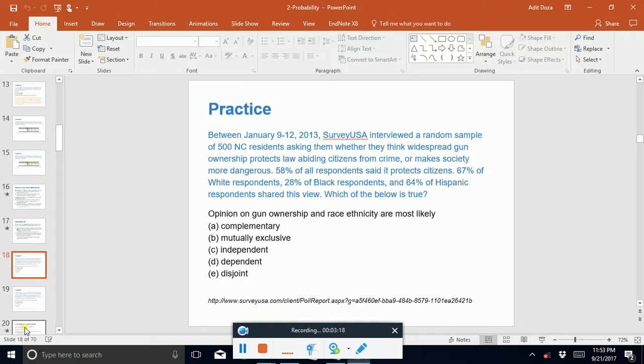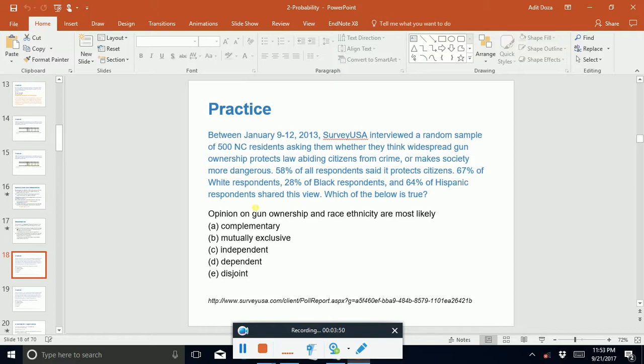So let's look at a practice question. A survey interviewed 500 North Carolina residents, asking them whether they think widespread gun ownership protects law-abiding citizens from crime or makes society more dangerous. 58% said it protects citizens, 67% of white respondents, 28% of black respondents, and 64% of Hispanic respondents shared this view.